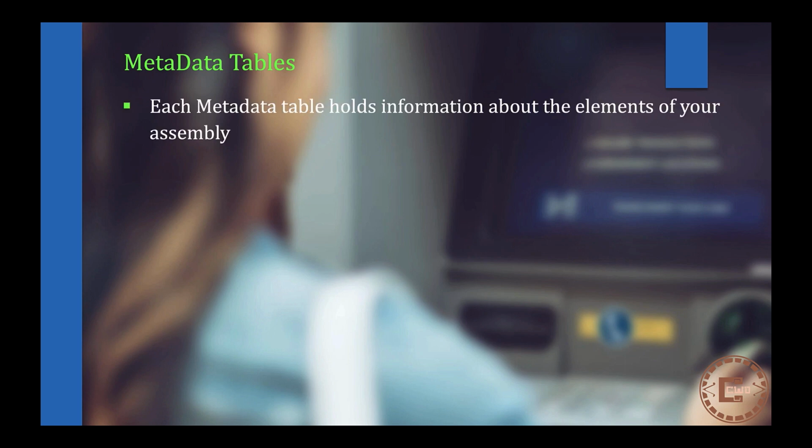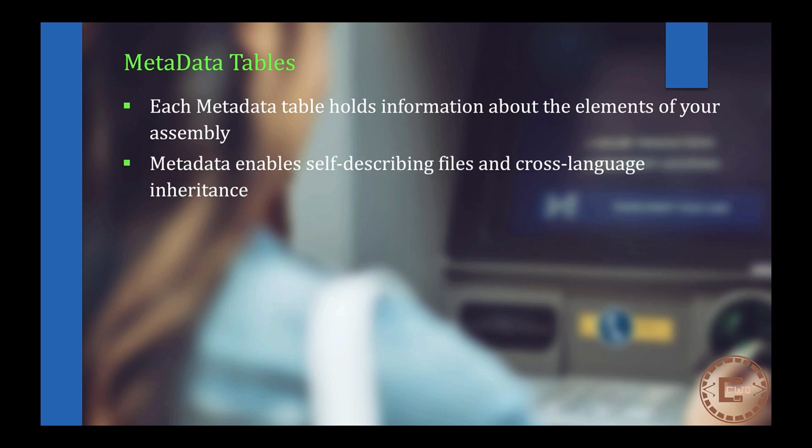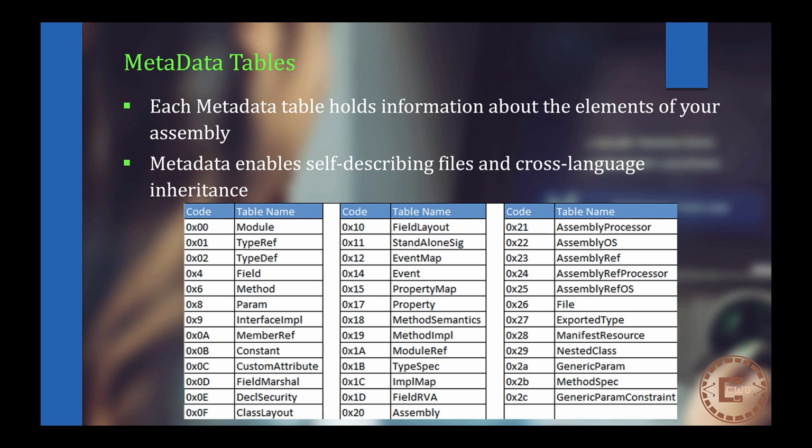Okay. Metadata tables. Each metadata table holds information about the elements of your assembly. Metadata enables self-describing files and cross-language inheritance. This is very important because these metadata tables make it very compatible across languages, and you will see that in a second. Why?